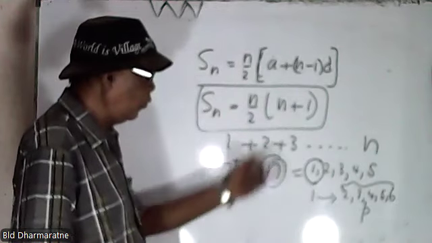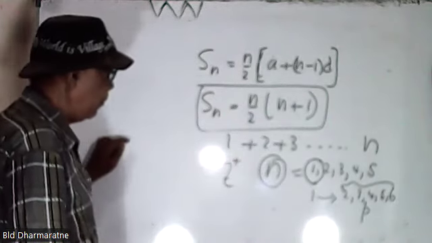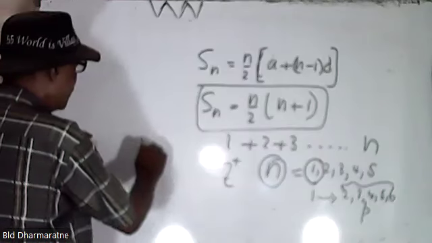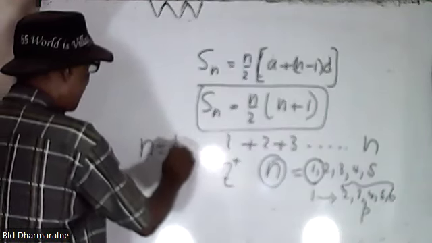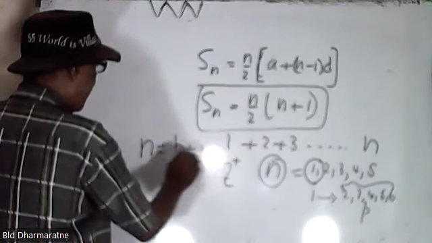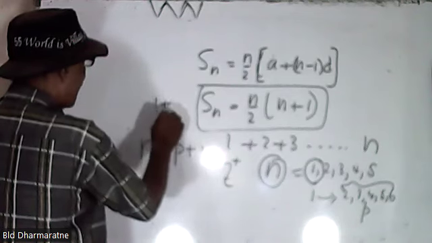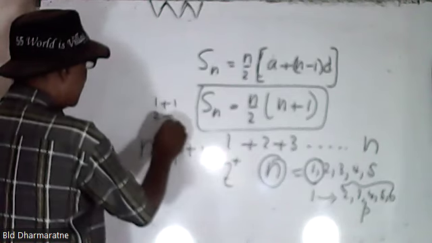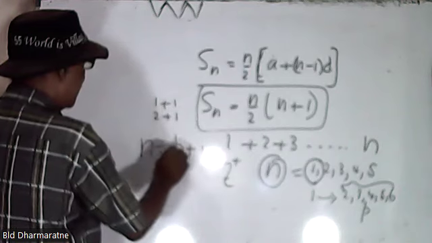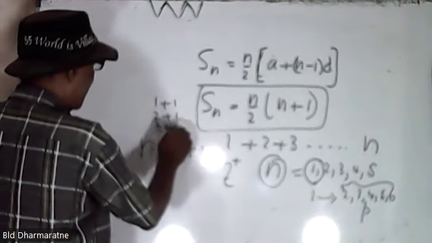Now we go to the next step, n equals p plus 1. That means what we have done: p equals 1, 1 plus 1; p equals 2, 2 plus 1; p equals 3, 3 plus 1.